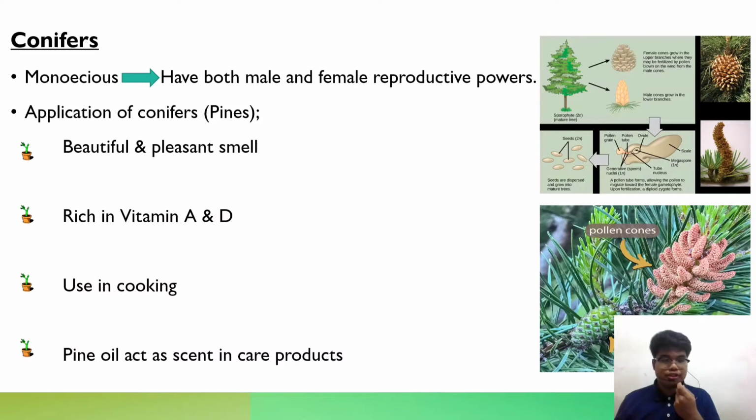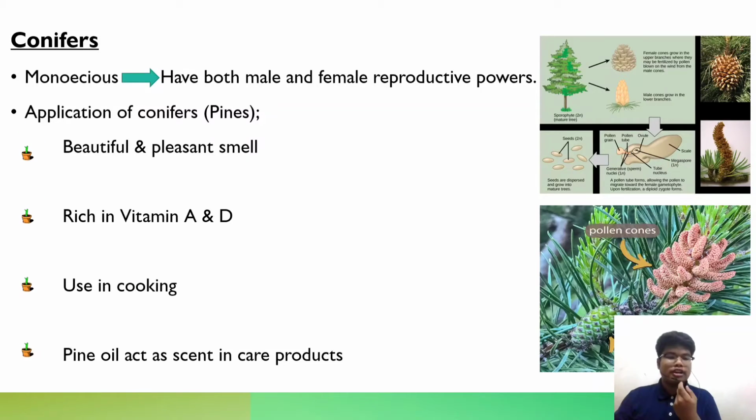First one is conifers. Conifers consist of 630 species of trees. Conifers are monoecious, which means a single plant has both male and female reproductive structures. Conifers, particularly pine trees, are well known for their beautiful and pleasant smell.